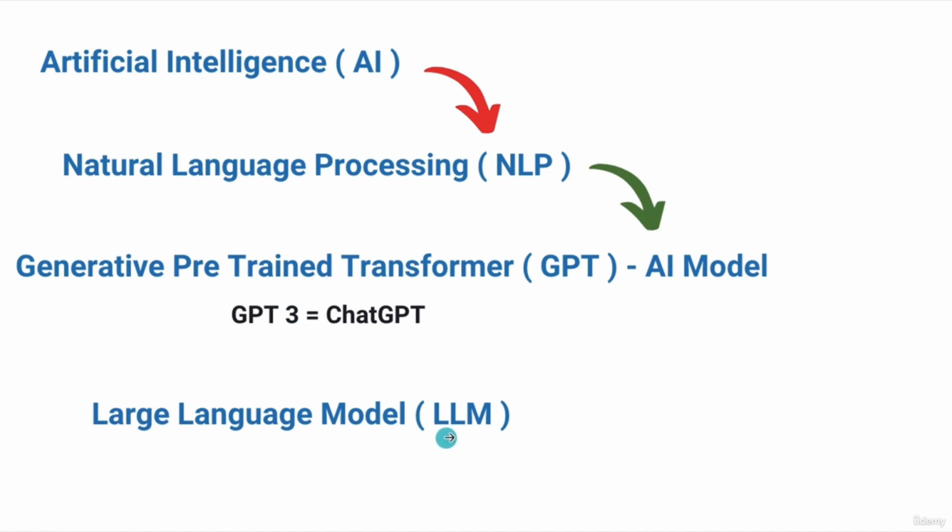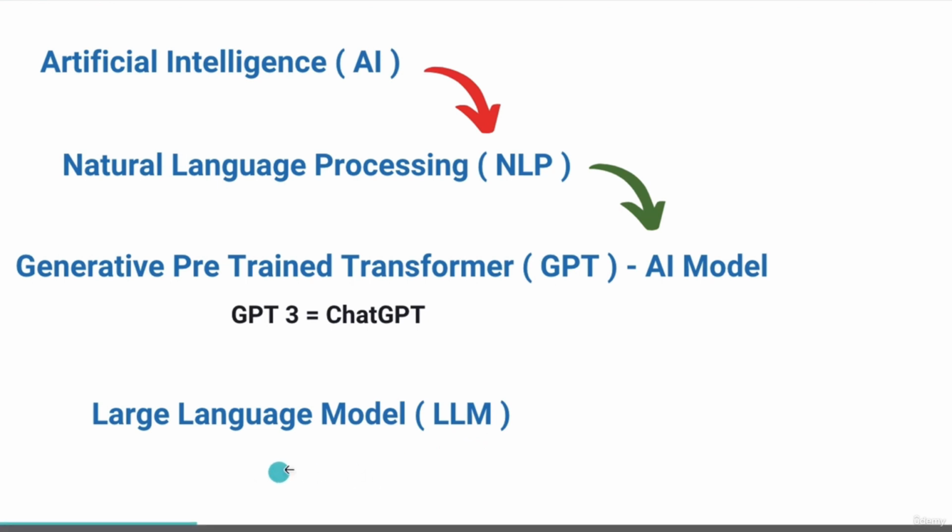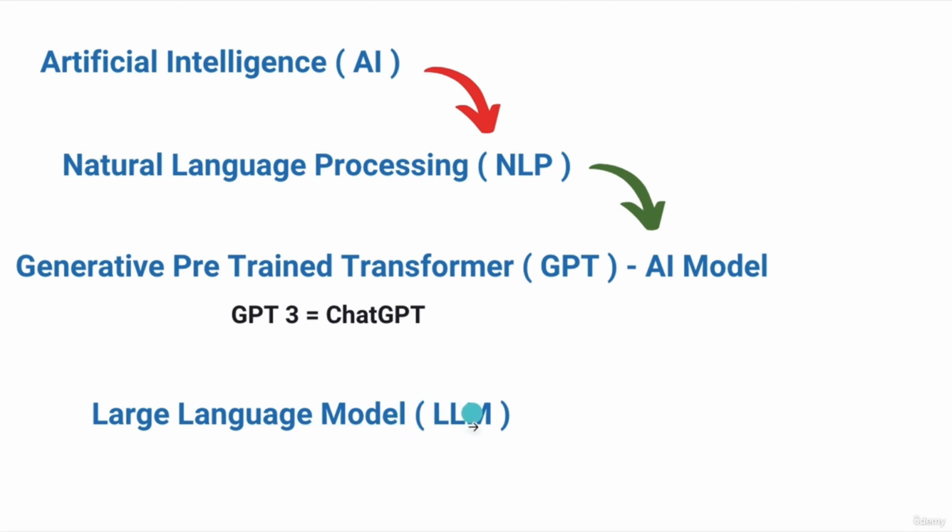But for now do not worry, because we will frequently use this term, LLM, in the entire course. So make sure that in future we will talk about and teach you about large language models. So stay focused and watch the course from start to end very carefully.